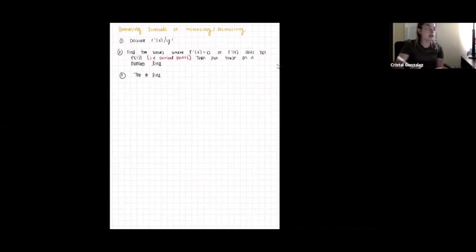So the number line is now going to be split into intervals. We're going to test a number in each of these intervals. Oh my God, my R's look like these intervals.